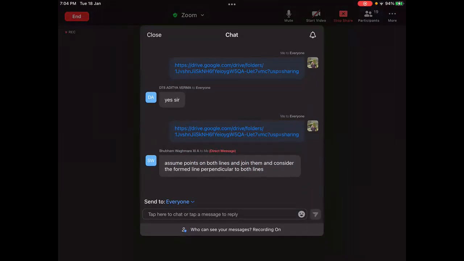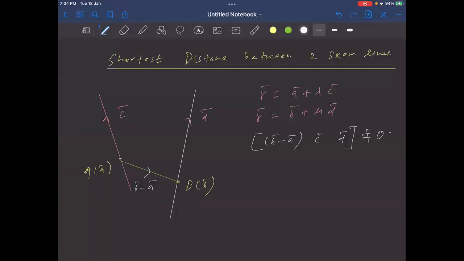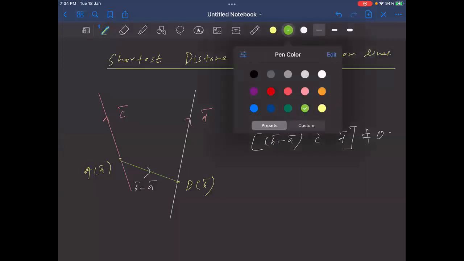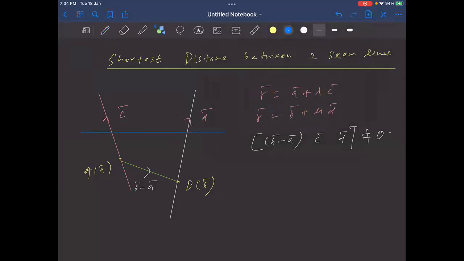Consider the line perpendicular to both the lines. Yeah, correct. That's the idea. Fine. So B minus A, we take the projection of B minus A along the line which is perpendicular to both the lines. What would be the direction perpendicular to both the lines? So this will be along what? C cross D. We have to calculate the projection of which vector? Projection of B minus A along which vector?